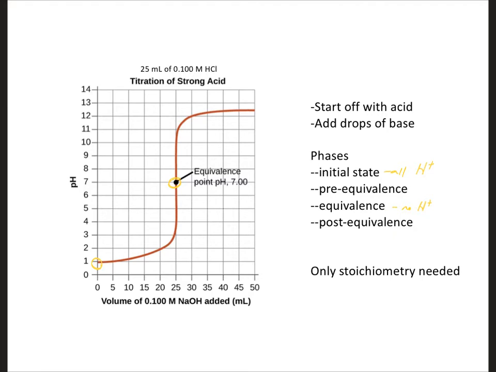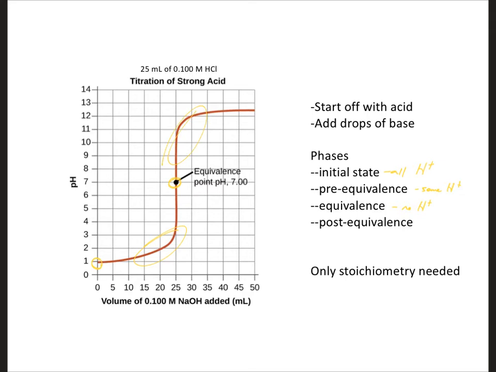That means that we had the same number of moles of protons as we had moles of hydroxide. So if there was a region before we reached equivalence, we're going to call that pre-equivalence, and we're going to say there are some H pluses there. And then we have post-equivalence.